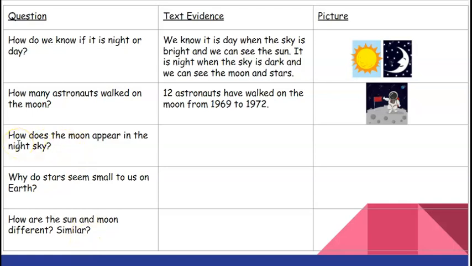Question 1 is, how does the moon appear in the night sky? You also need to answer, why do stars seem small to us on Earth? And finally, you're going to tell me, how are the sun and moon different? And how are they similar? I can't wait to see this work, my friends.